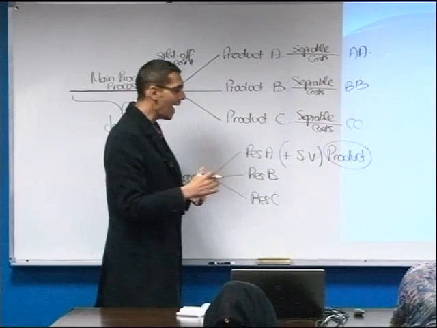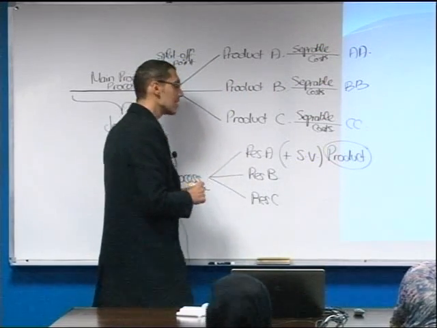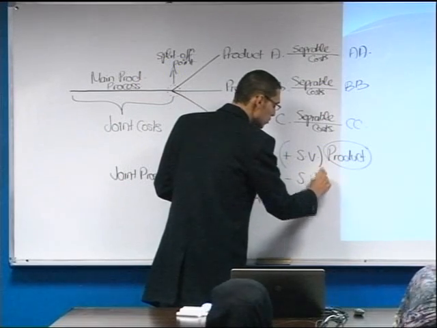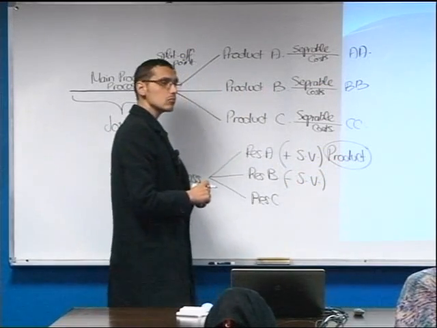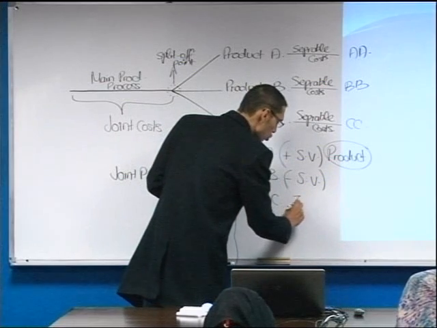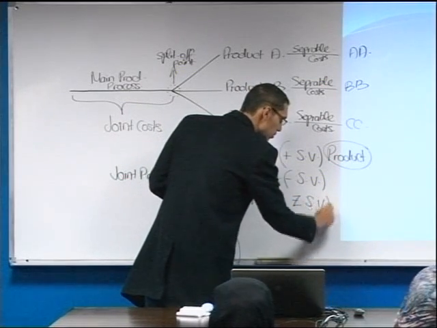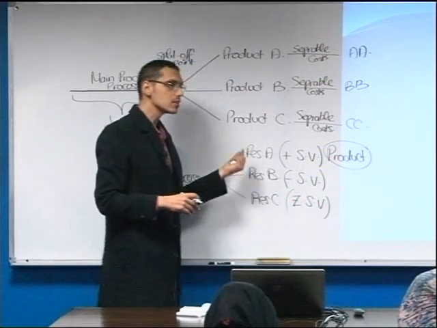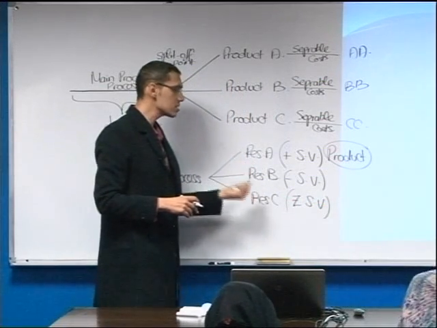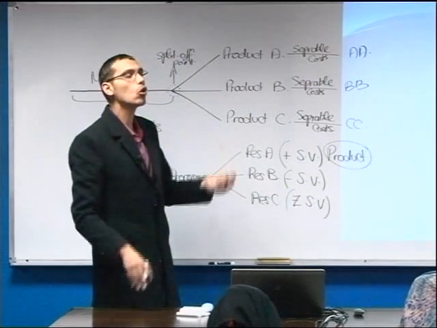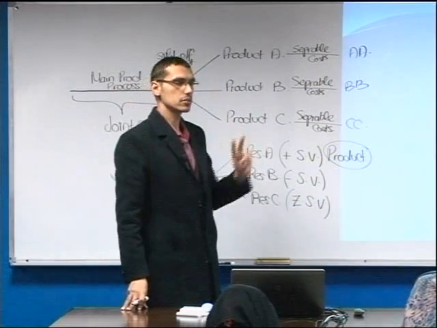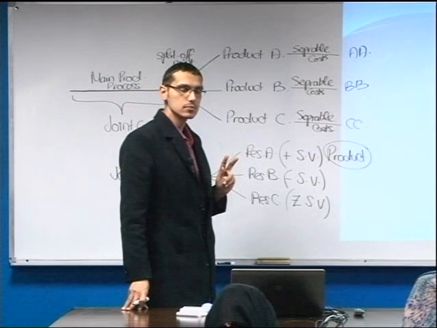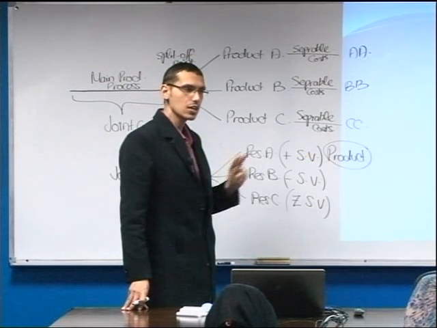While on the other hand, if the result has a negative sales value or a 0 sales value, these 2 results, which are result B and result C, will not be called a product. Any questions?